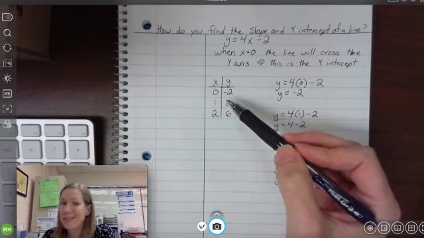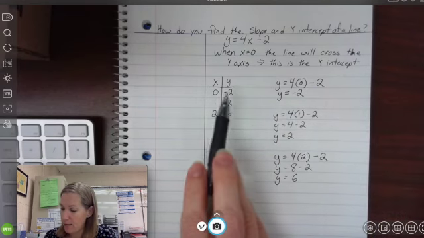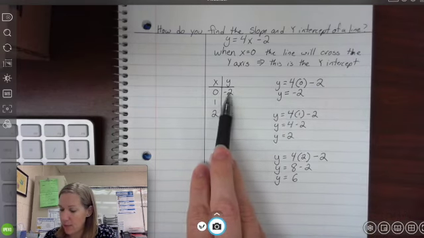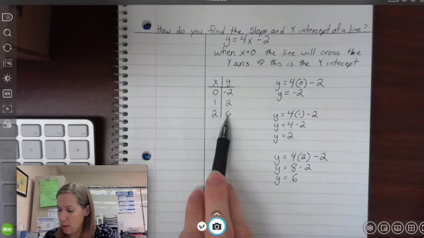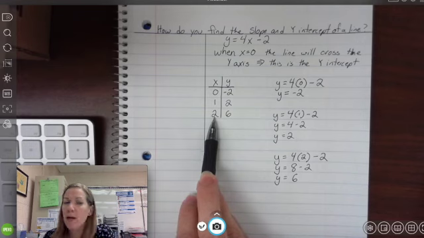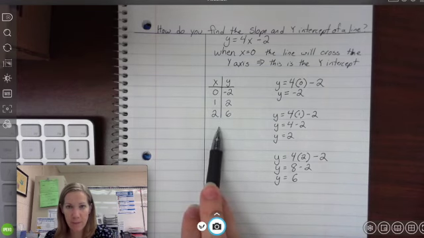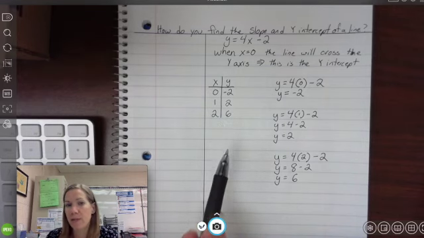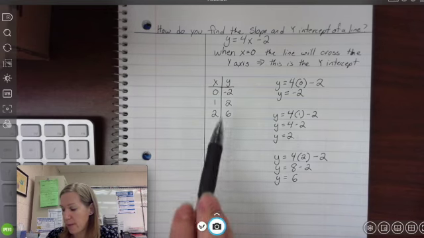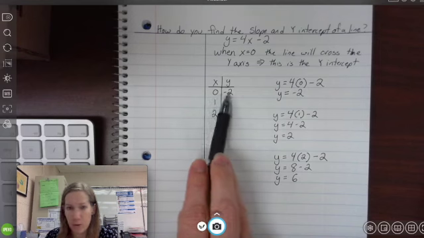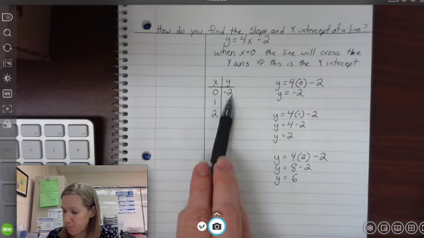However, it is not proportional because if I take my negative 2 divided by 0, 2 divided by 1, and 6 divided by 2, they don't all equal the same thing. So that means that this does not cross the origin of a coordinate plane, which we know because this point is not 0, 0. Okay.